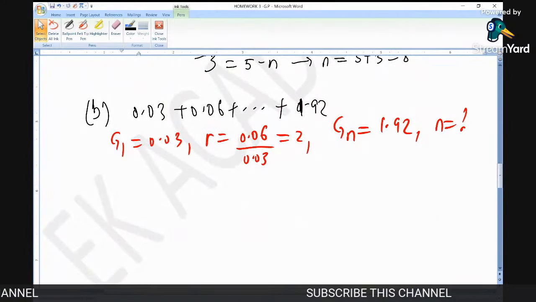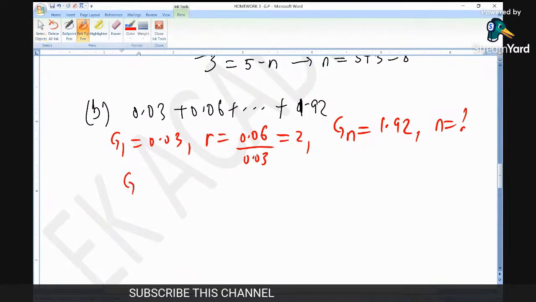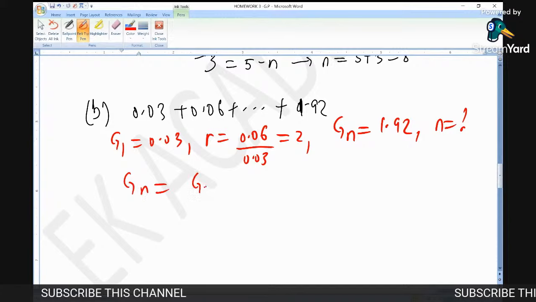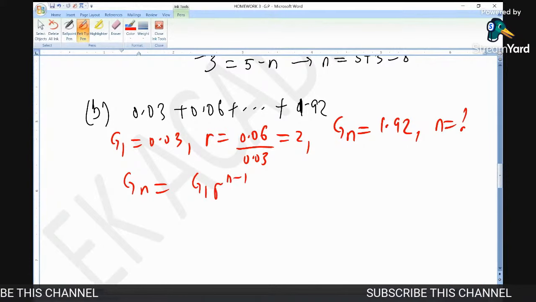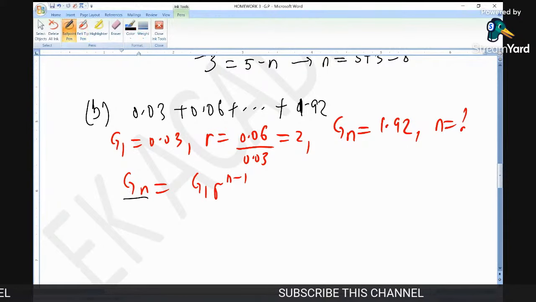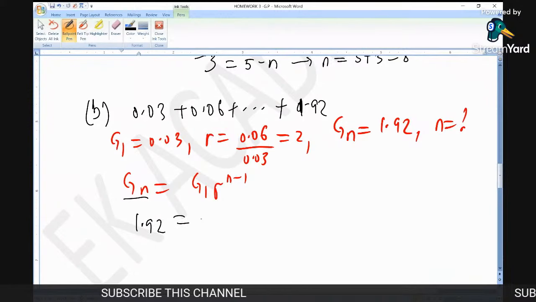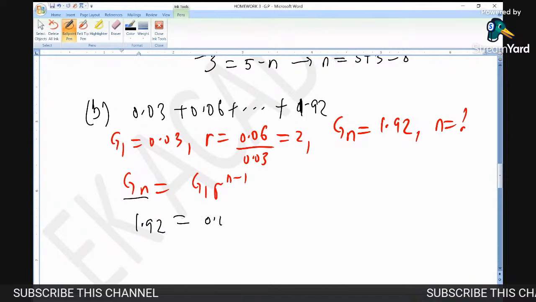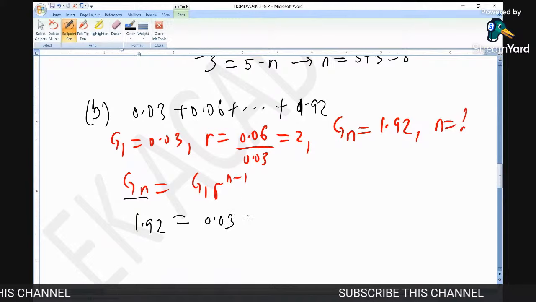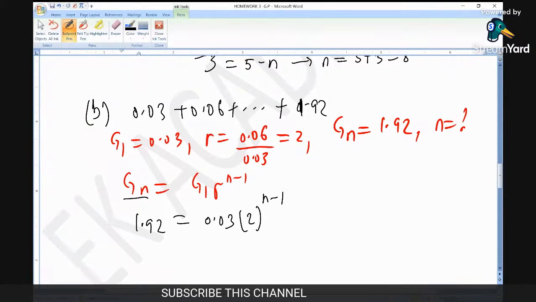How are we going to solve it? Of course, we are going to use the general formula Gn. We know that Gn equals G1 R exponent n minus 1. So 1.92 equals G1, which is 0.03, times R, which is 2, exponent n minus 1.